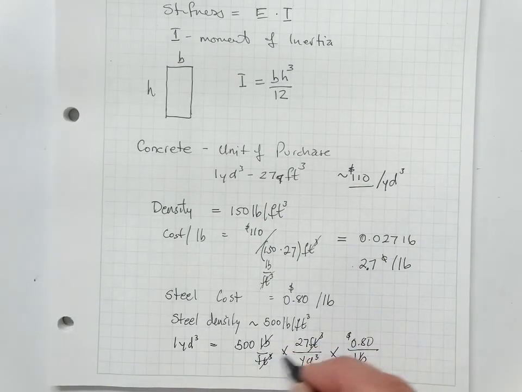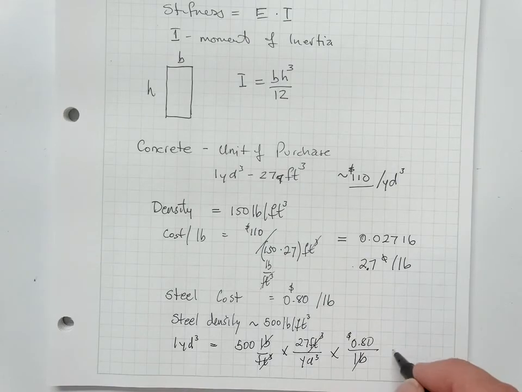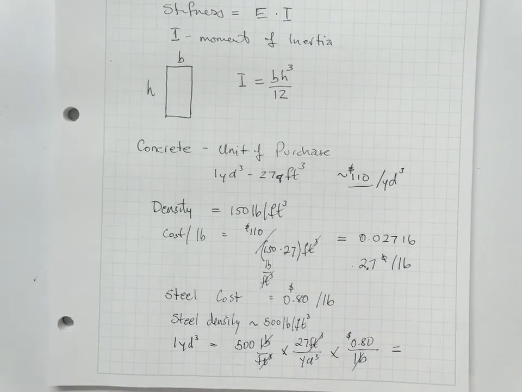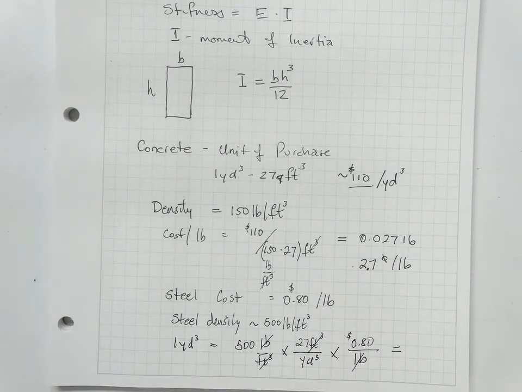We'll just check this. Pounds come off, feet come off. This is going to give me dollars per cubic yard. What does that come to be? 500 times 27 times 0.8. $10,800 per cubic yard. 100 times the cost.